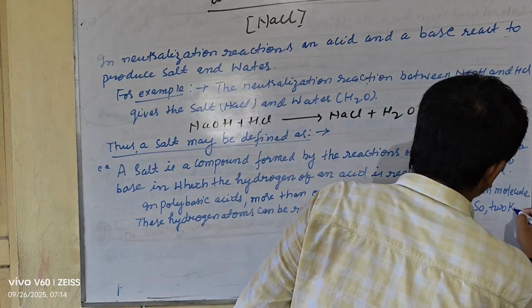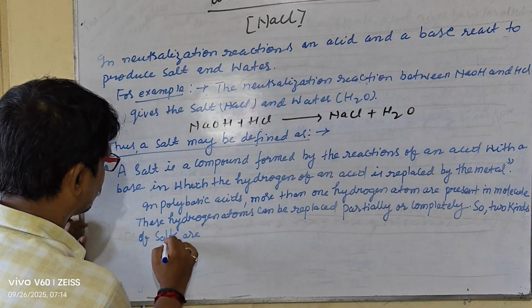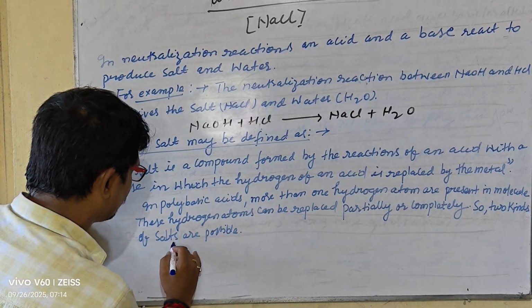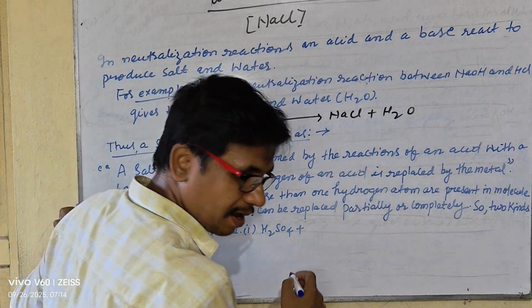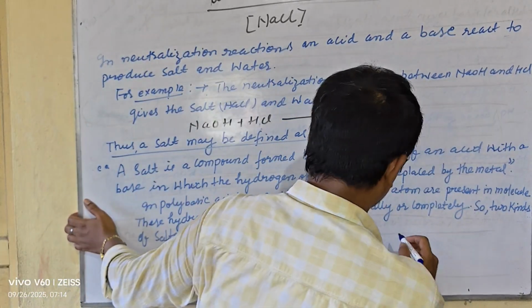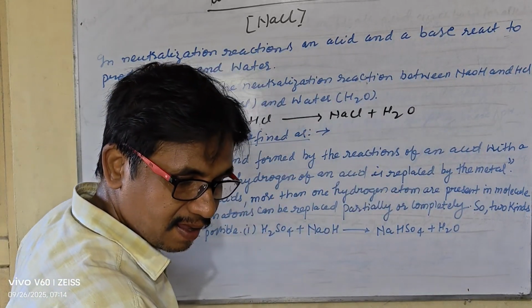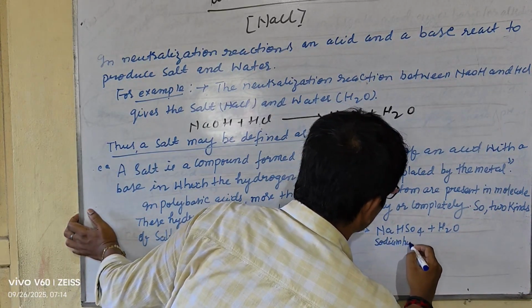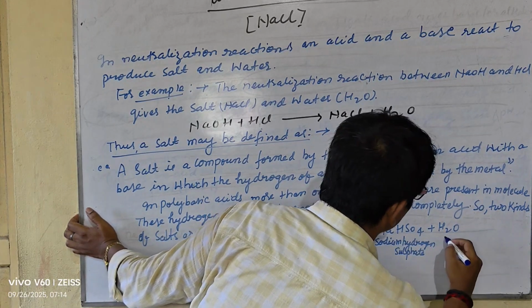Which two kinds of salts are possible? First is H2SO4 plus NaOH gives NaHSO4 plus H2O, that is sodium hydrogen sulfate and water.